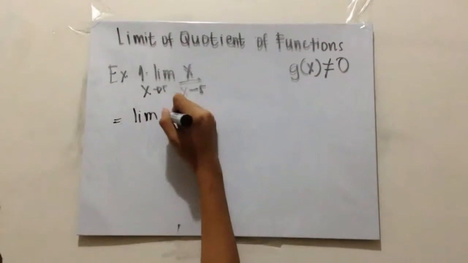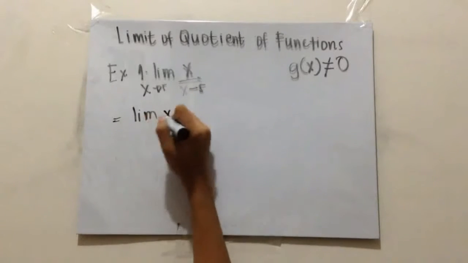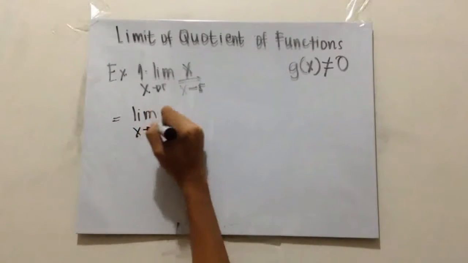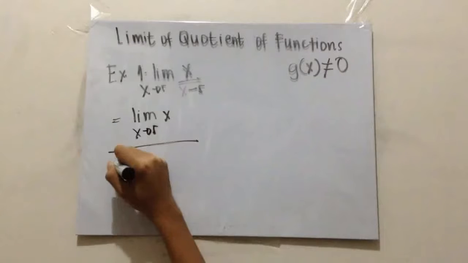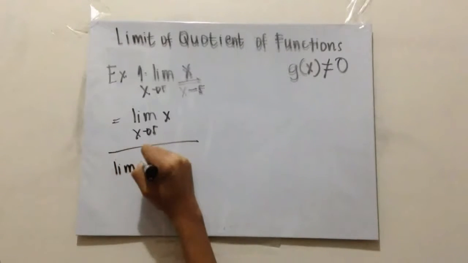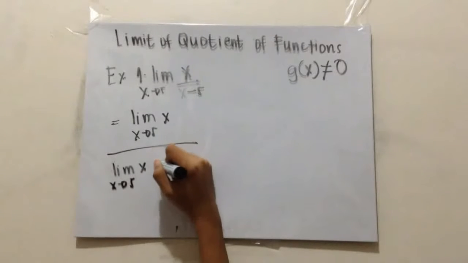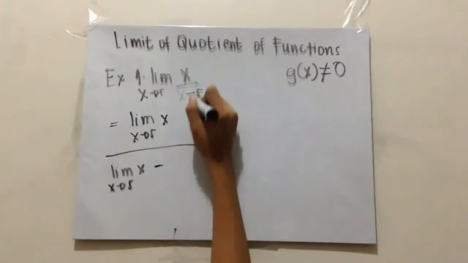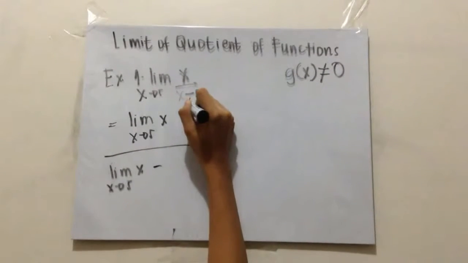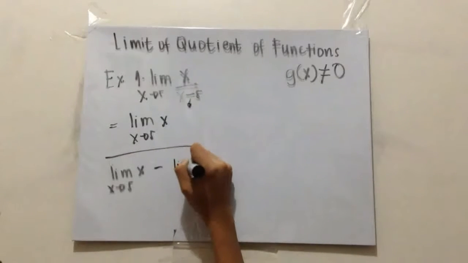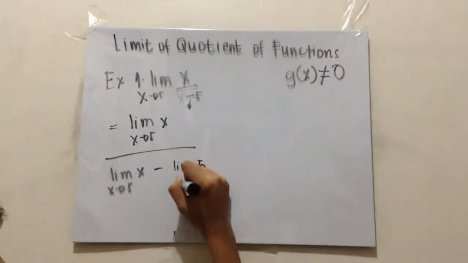Is equal to the limit of x as x approaches 5 over the limit of x as x approaches 5, minus. The sign is subtraction, so we will also use the subtraction sign.